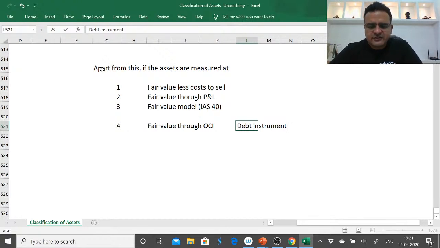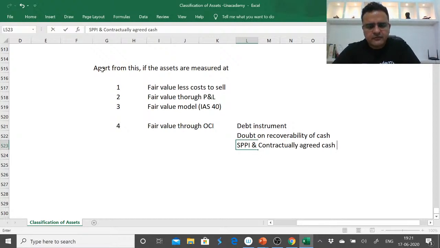Fair value through OCI, if there is a debt instrument, there can be a doubt on recoverability of cash flows, since they are solely payment of principal interest, and contractually agreed cash flows, and may intend to sell.